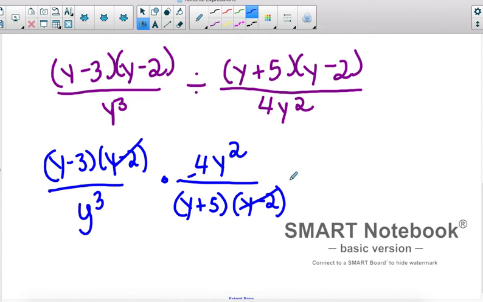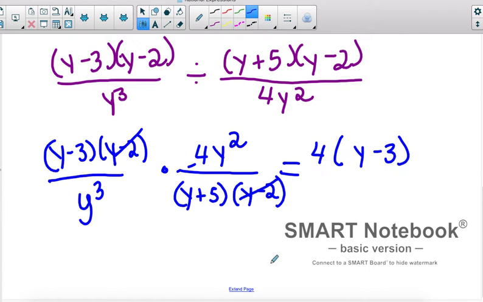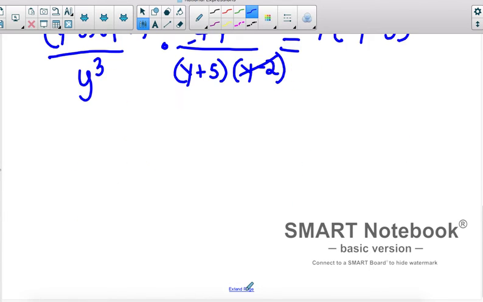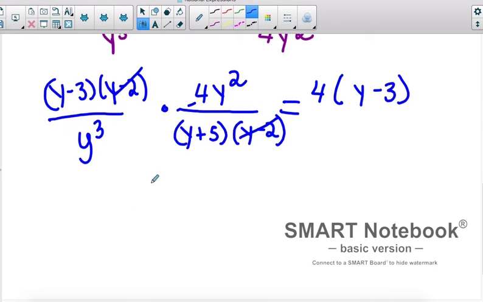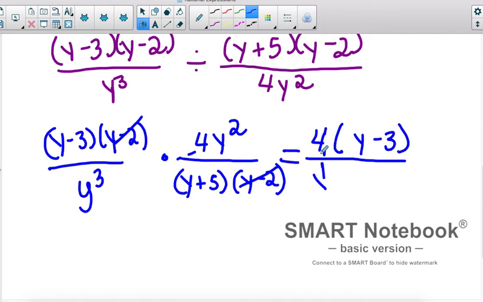That's the only thing I can cross out, except the y squared here and the y cubed here, I can simplify that. Remember, 2 minus 3 gives us negative 1, so that gives us a y on the bottom. So if I rewrite this, it's going to be 4 times y minus 3, and on the bottom, the y squared and the y cubed simplify to a y.